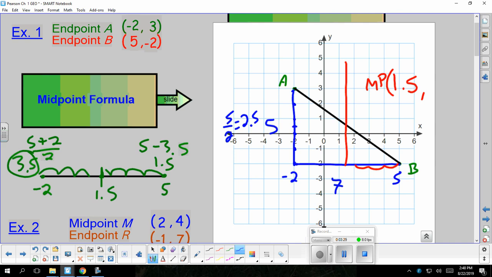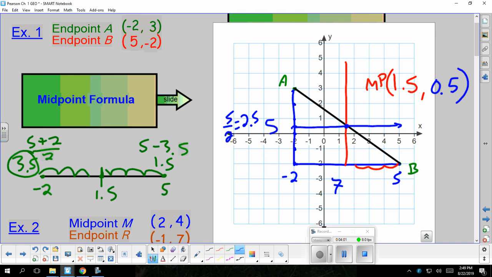And if I go straight across from there, 0.5, that gives me the coordinates of my midpoint. Right? So the midpoint of this vertical and horizontal section will give me the x and y coordinates of the midpoint of any diagonal segment. So far, so good. So graphically, how to find a midpoint?